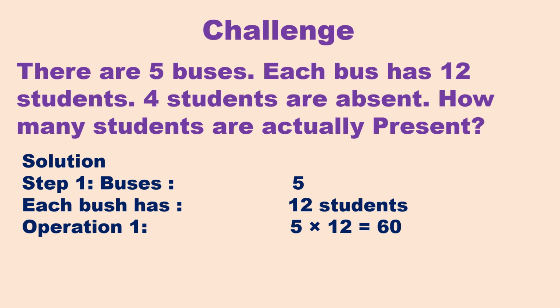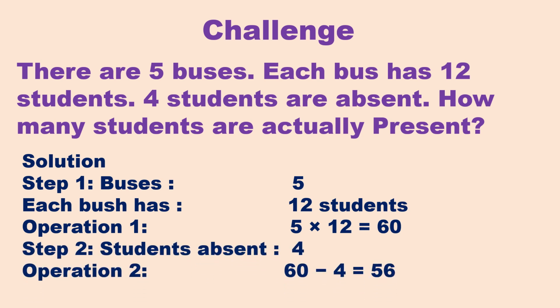Less means we are subtracting. So our second operation is 60 minus 4, which is 56. So how many students are actually present? 56 students are actually present.